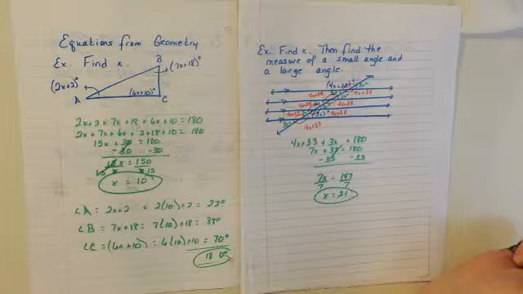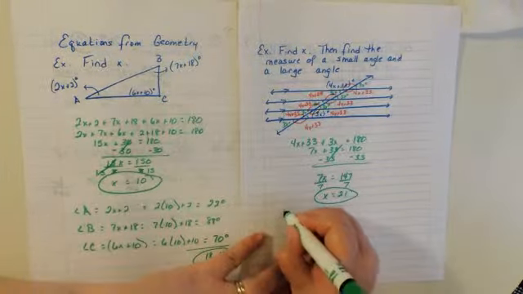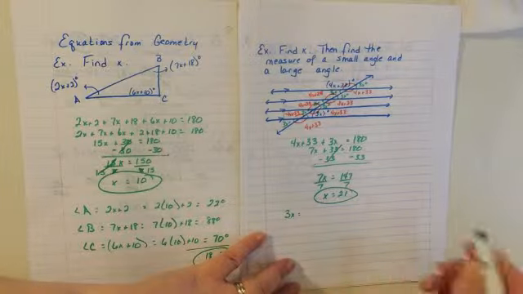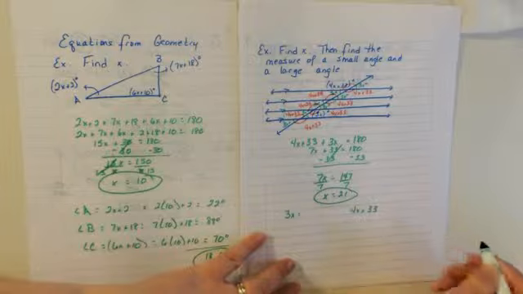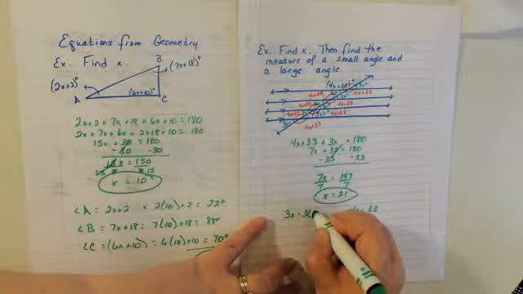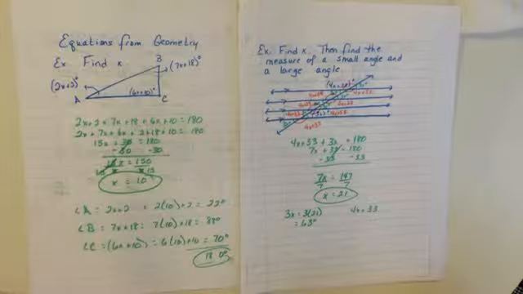Now we're supposed to find the measure of the small angles and the measure of the large angles. The small angles were 3x, and the large angles were 4x plus 33. So 3x is going to be 3 times 21, which equals 63 degrees.